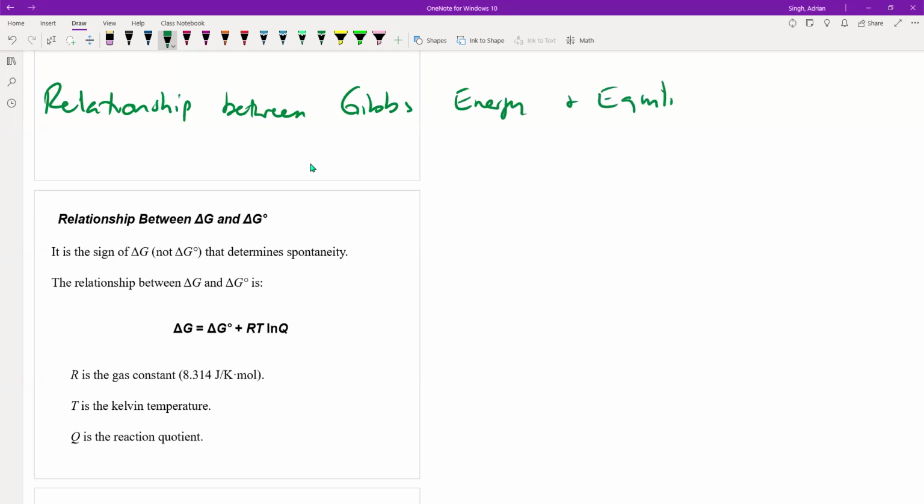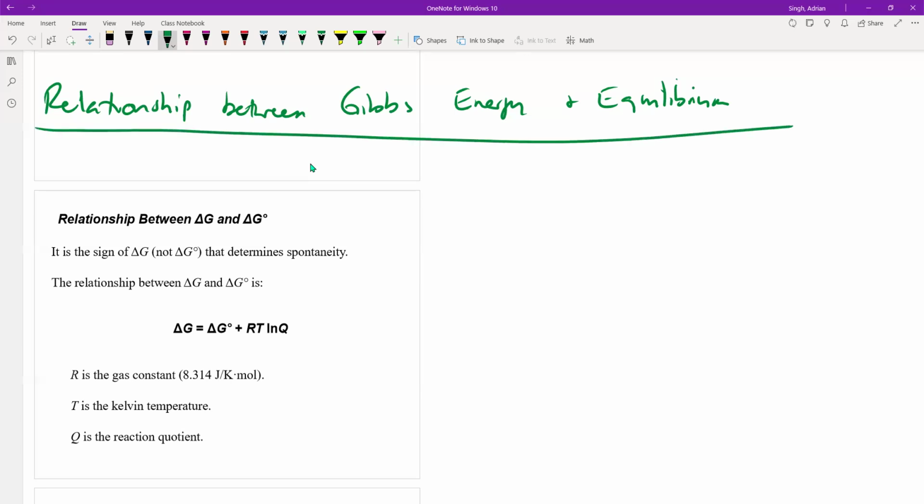We're going to try to relate what we just learned about Gibbs free energy to this whole concept of equilibrium that we saw in the previous section. Now, if you think about it, equilibrium is just another way of looking at thermodynamics, and we'll see why in a second.